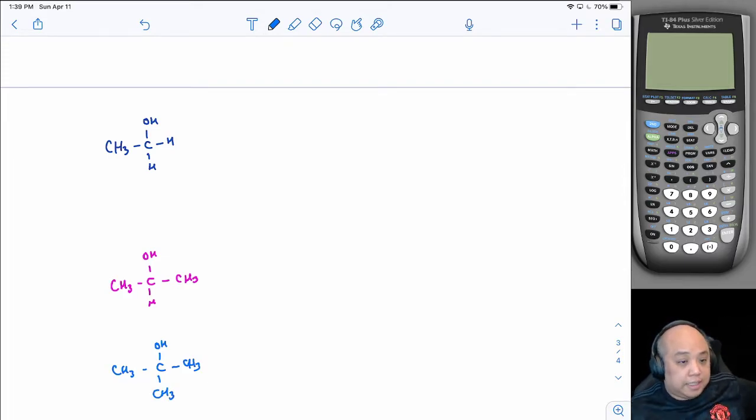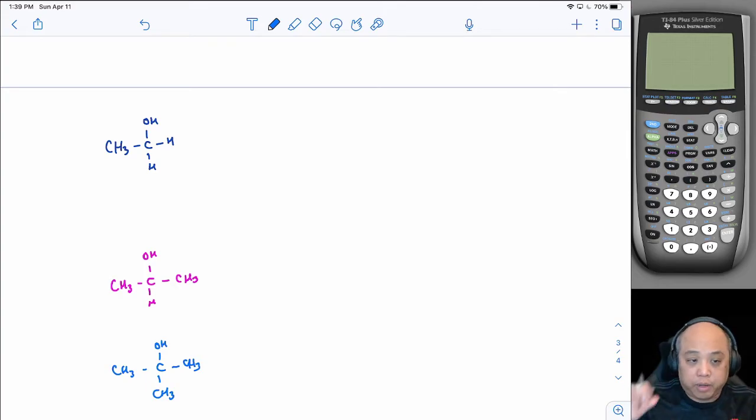Okay. These compounds are all alcohols because they have hydroxyl groups attached to a carbon. But it's important that we identify what type of carbon, what degree of carbon that OH is attached to. And that comes down to how many carbons is attached to that carbon that the OH is attached to.